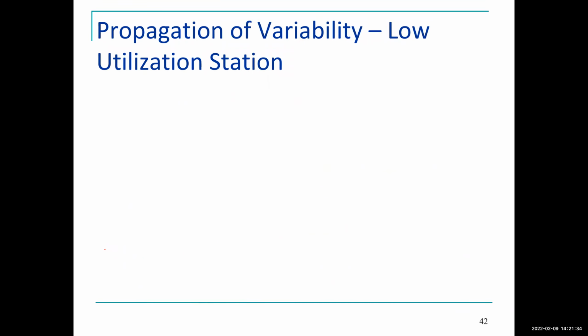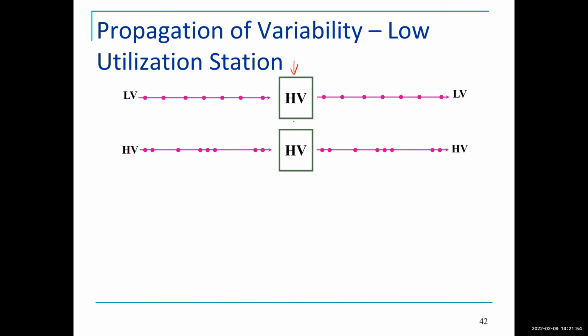Let's see what happens for a low utilization station. Low variability, high variability. If you have low utilization, meaning that you have more than enough capacity here, then you should be able to accommodate that into your system. So it gives you low variability. High variability and high variability in the process also leads to high variability in the departure process. Low variability and low variability gives you low variability.